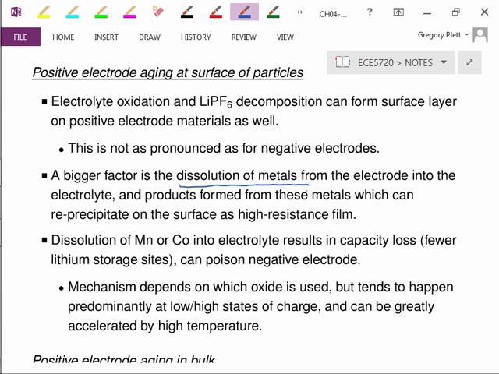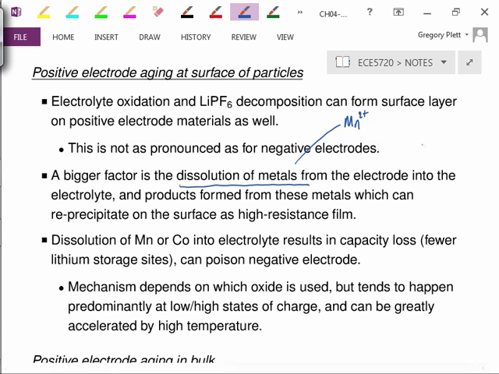The manganese or the cobalt or whatever forms the positive electrode itself dissolves into the electrolyte, and then we have positive ions floating around, Mn2+ or whatever, in the electrolyte, and products involving these metals can be formed on the surface either of the positive or the negative electrode as a high resistance film. So we kind of previewed that in the last section, and here just reviewing that idea.